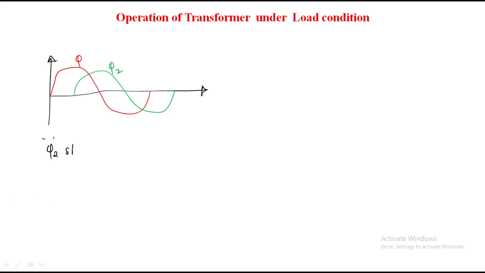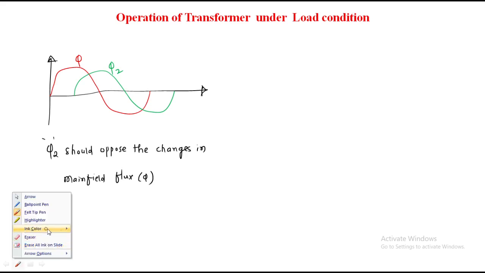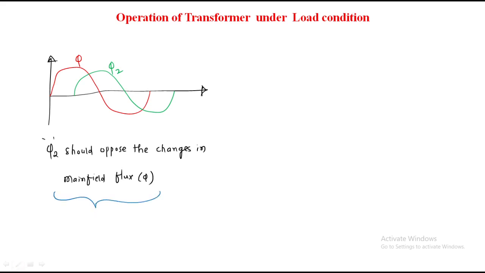Phi 2 should oppose changes in main field flux, that is phi. That is the concept of Lenz law between phi 2 and phi. That is, the angle between phi and phi 2 should be equal to what? 90 degrees. Oppose the changes means what? 90 degrees. That's why we have this graph.